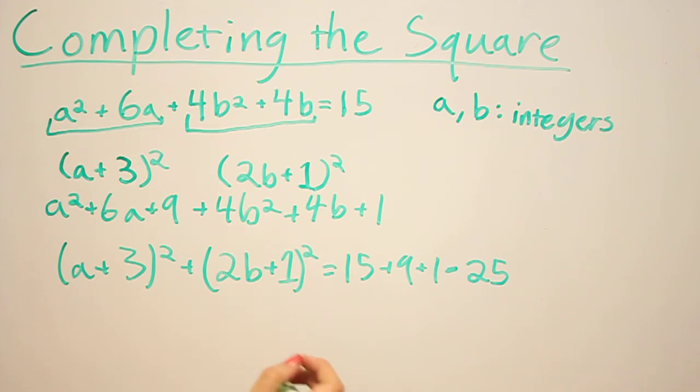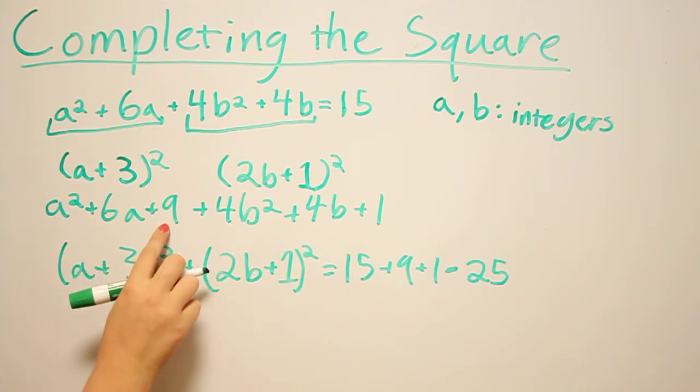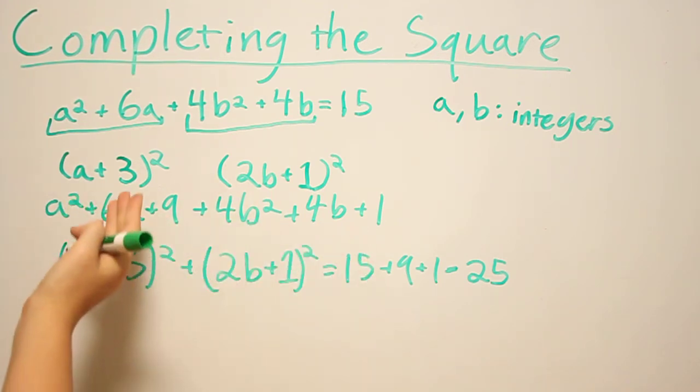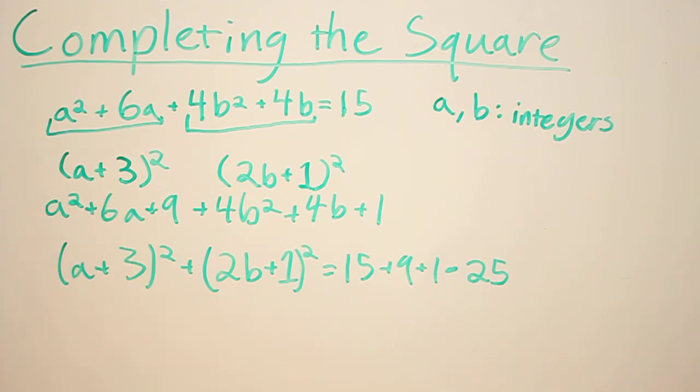And the completing the square step was when we added the 9 and the 1, which completed the square. So now we have a simpler equation. How does that actually help?